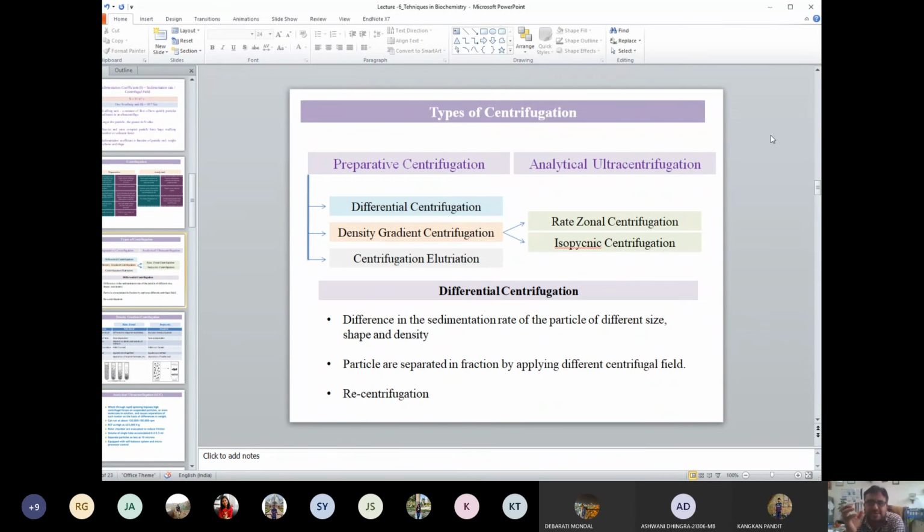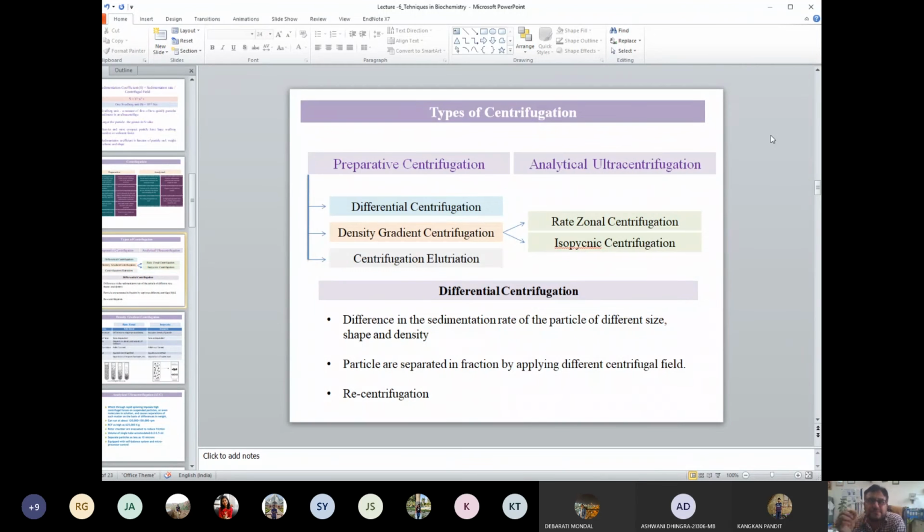Another is isopycnic centrifugation. Iso means equal, pycnic means equal density centrifugation, which is basically time independent. When you increase the duration of centrifugation, it hardly affects the separation of the particles, because particles are separated based on their buoyant density, and each will localize itself in a layer at a different location based on this equal density feature.